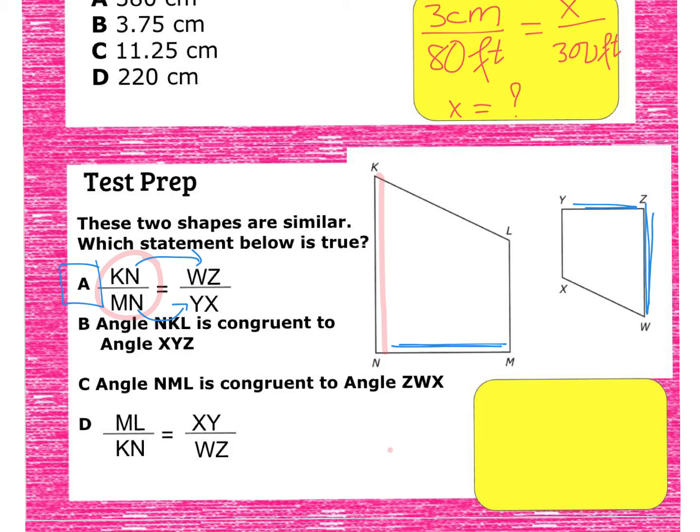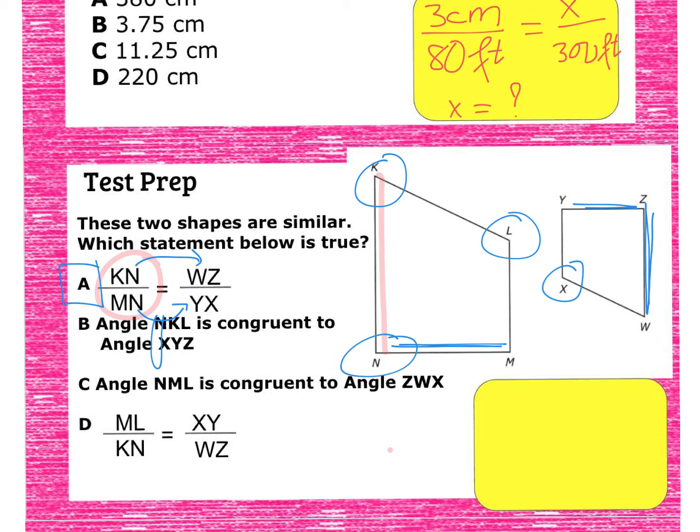B, angle NKL. NKL will go with XYZ. So they say N will go with X, which I don't think is going to be correct, right?